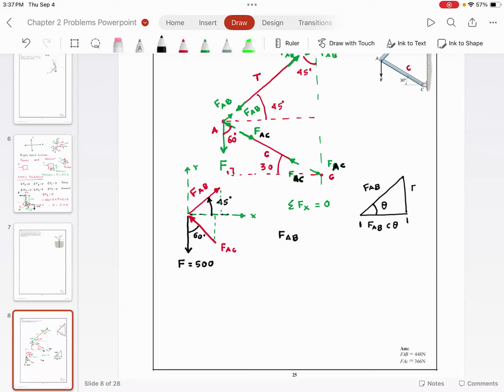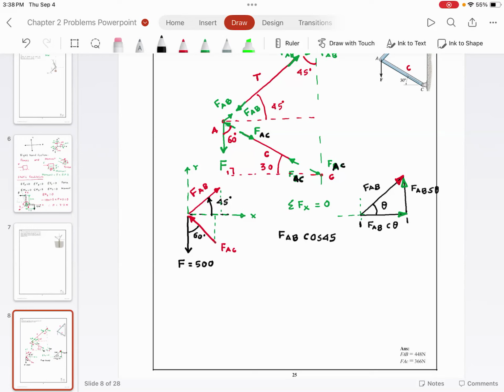This is going to be FAB sine theta. Do you agree with me? And if my FAB is going in this direction, you place your coordinate frame here, and this tells me that my cosine component is in this direction and my sine component is in this direction. Everyone understood this? Clear? Okay. So I would say FAB cosine 45.